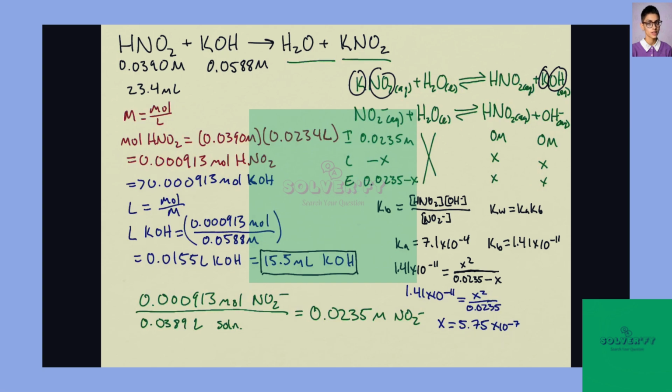And now we finally have enough information to solve for our pH. pH is equal to 14 minus pOH, or 14 minus the negative log of the concentration of OH minus. Plugging in our concentration of hydroxide, which is equal to X, we get a final pH of 7.76.